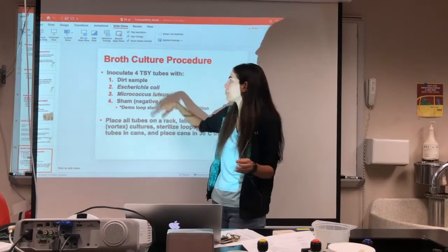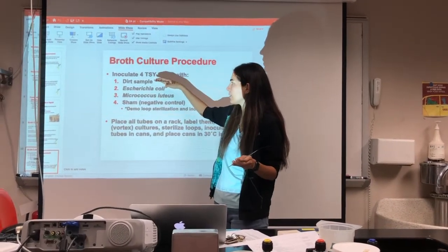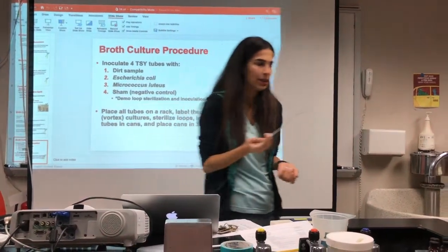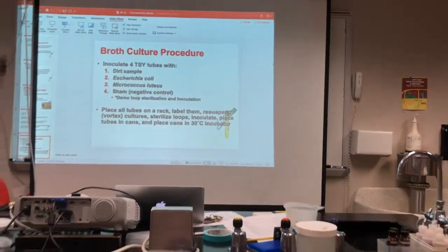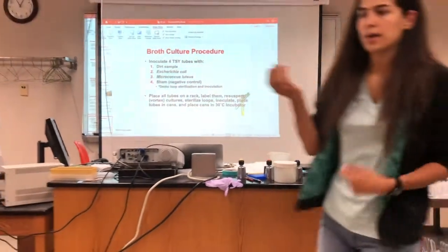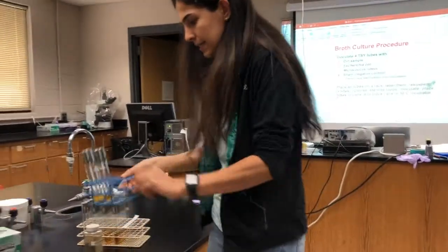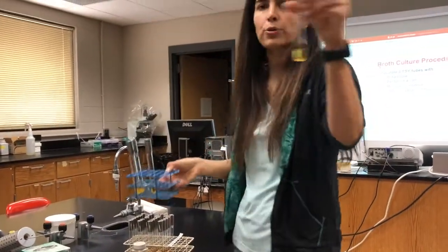Our lab manager provided for us these 4 different samples, and we are going to do the inoculation. But how should you do that? So I sterilize my loop. I will do it again. And here is Micrococcus luteus.